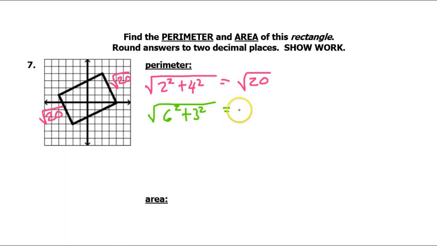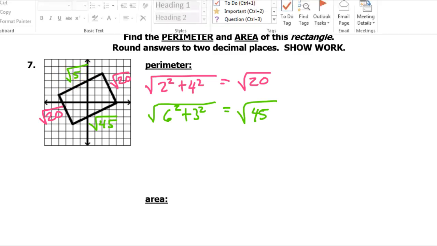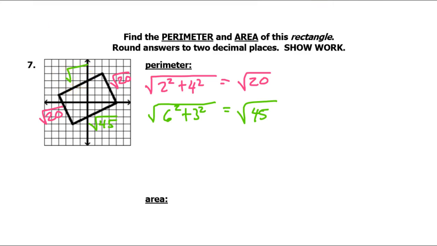So that's 45. So I've got the square root of 45. That means I'll have the square root of 45 here and the square root of 45 here. All right, square root of 45.